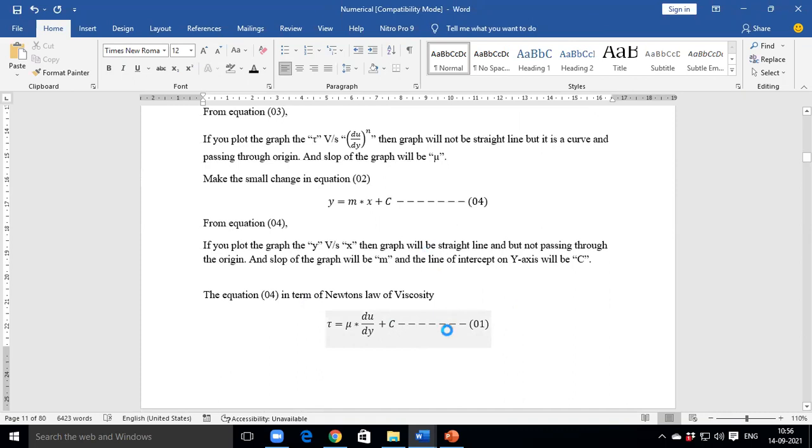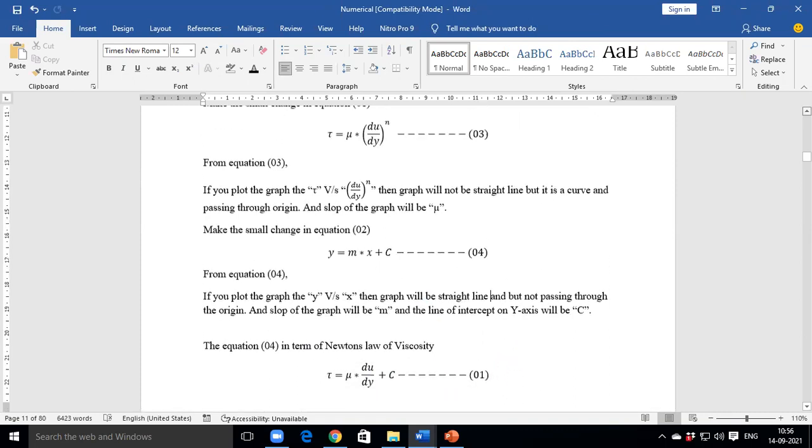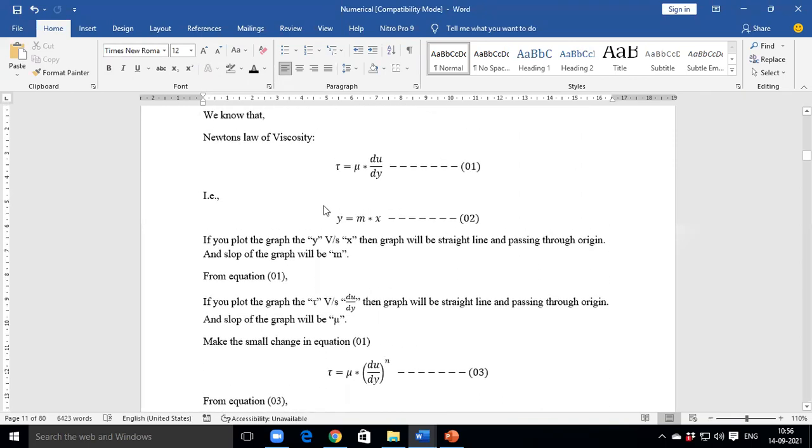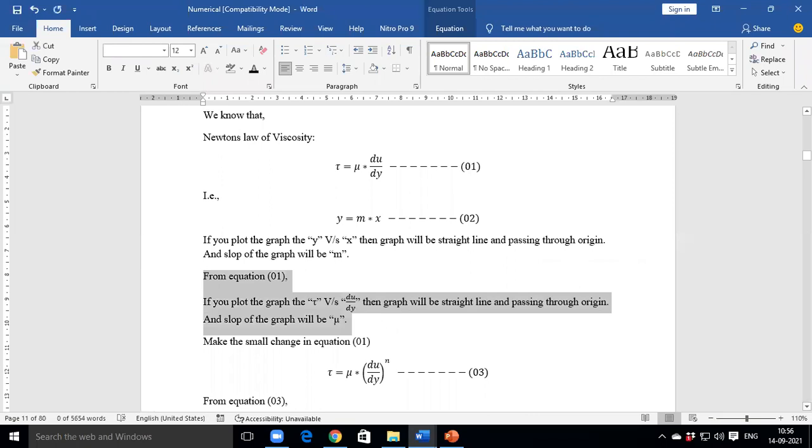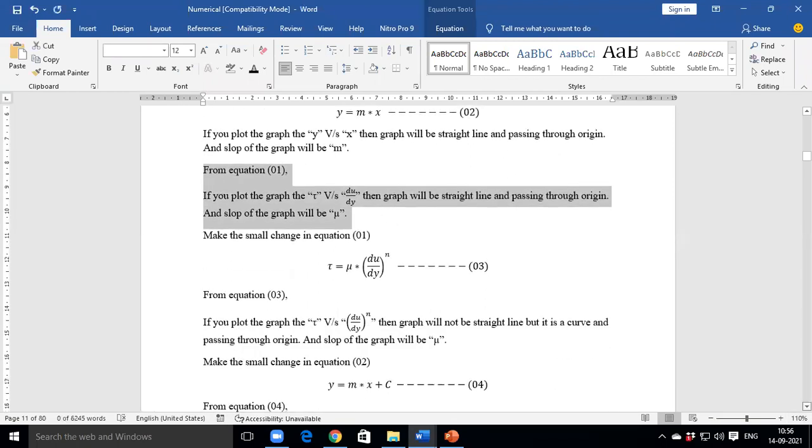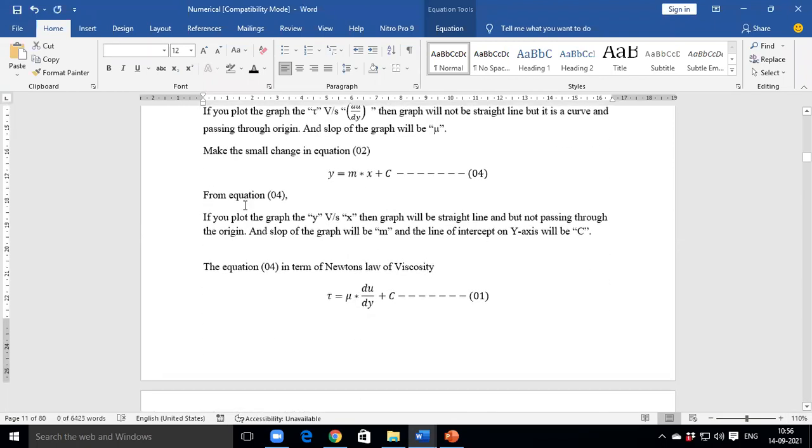Clear? We can call this equation number 5.